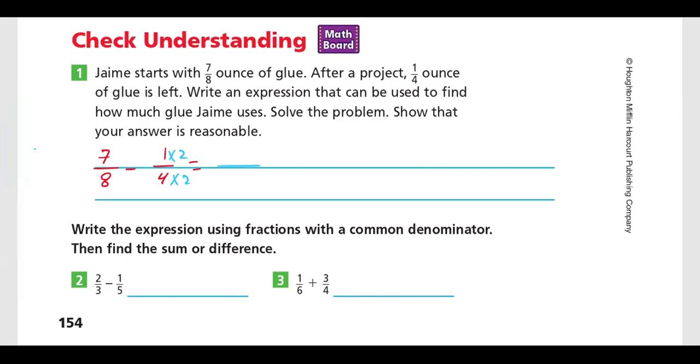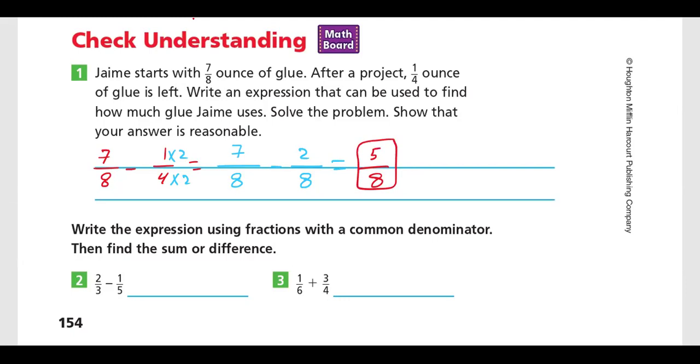So now, the first fraction, 7 over 8, minus 1 times 2 is 2, 4 times 2 is 8, equal to the same denominator. Write one of them. And 7 minus 2 is 5. So he uses 5 over 8.